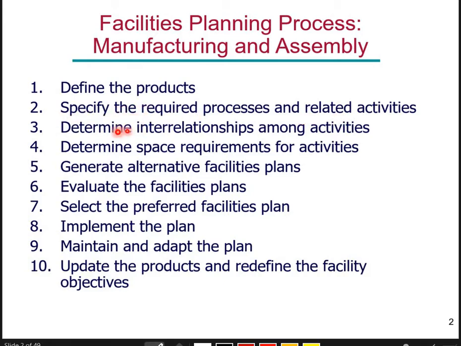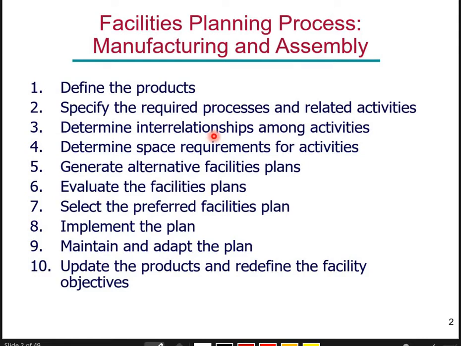Then we need to determine the interrelationships among the activities. For example, from one machine to another, how many parts, how many trips should I do? What's the flow between the machines? Or sometimes from one department to another, what is the flow?